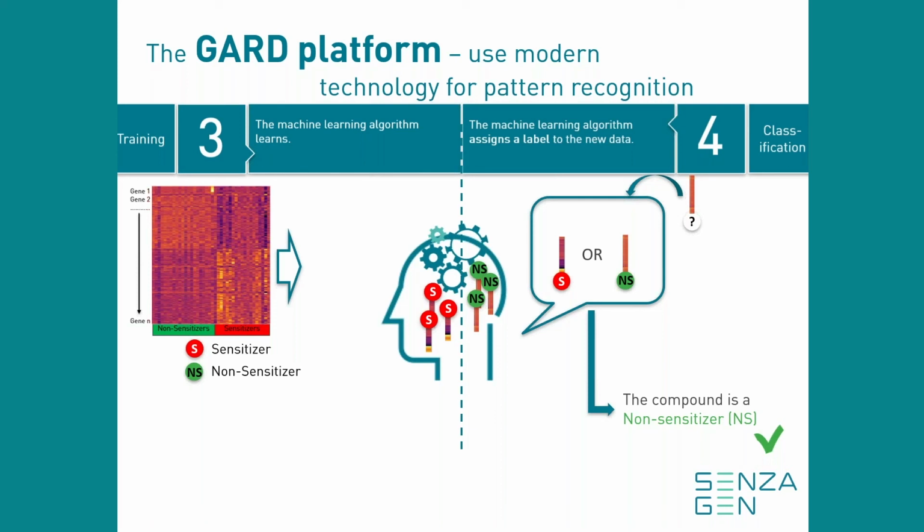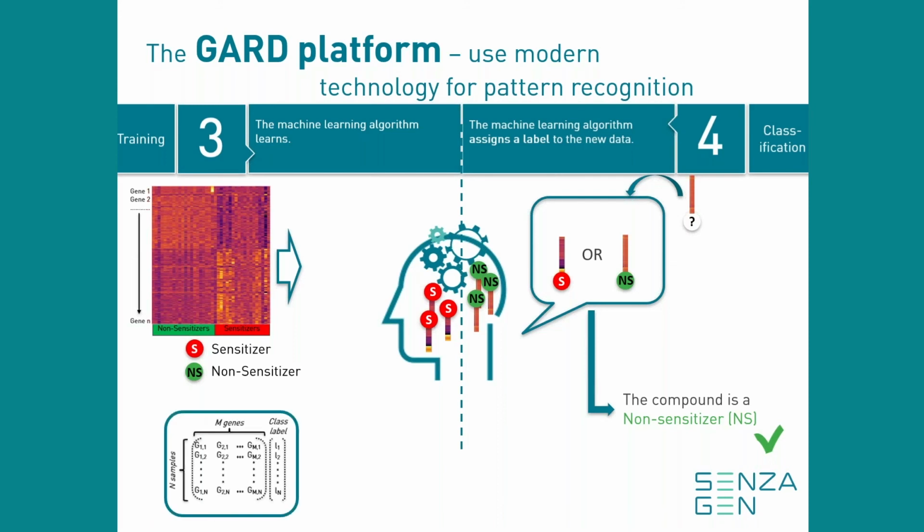But we can, of course, add a more mathematical explanation of how this works. The heat map we have here can be expressed as a matrix where you have the gene expression data and the number of samples on the rows, and you also have a well-defined class label on those samples.